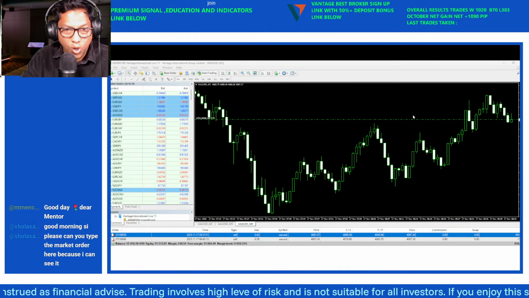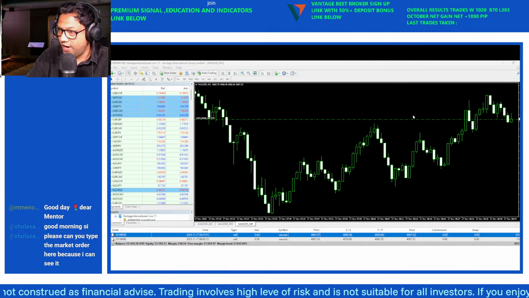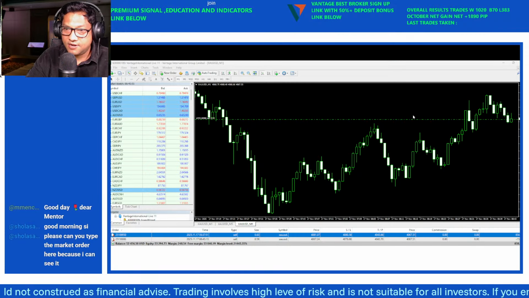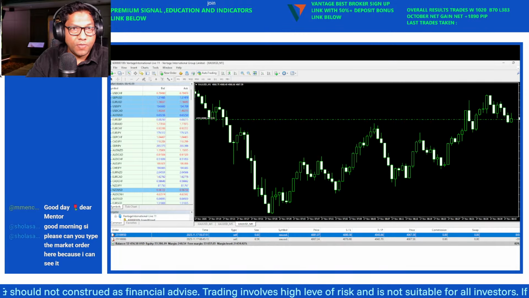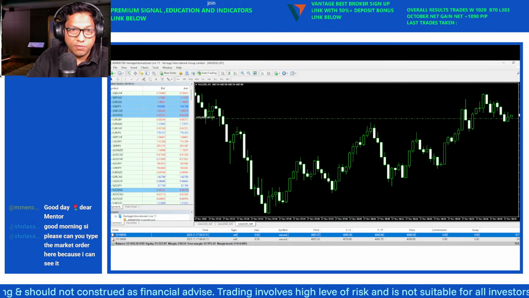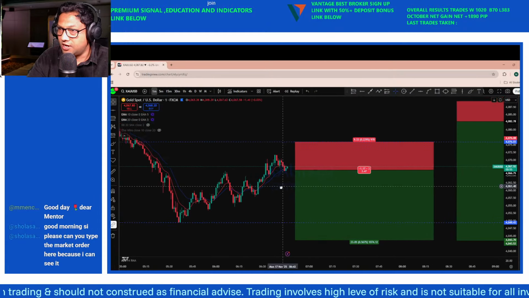Now, waiting for that potential break below, that means a potential change of trend here. I'm looking at the second position that we have opened, because the first position is running with quite a bit of profit here.